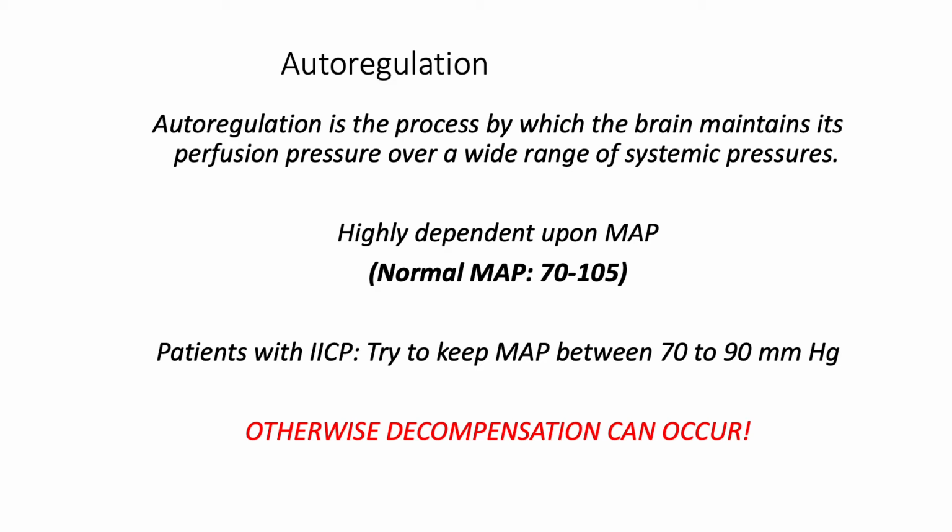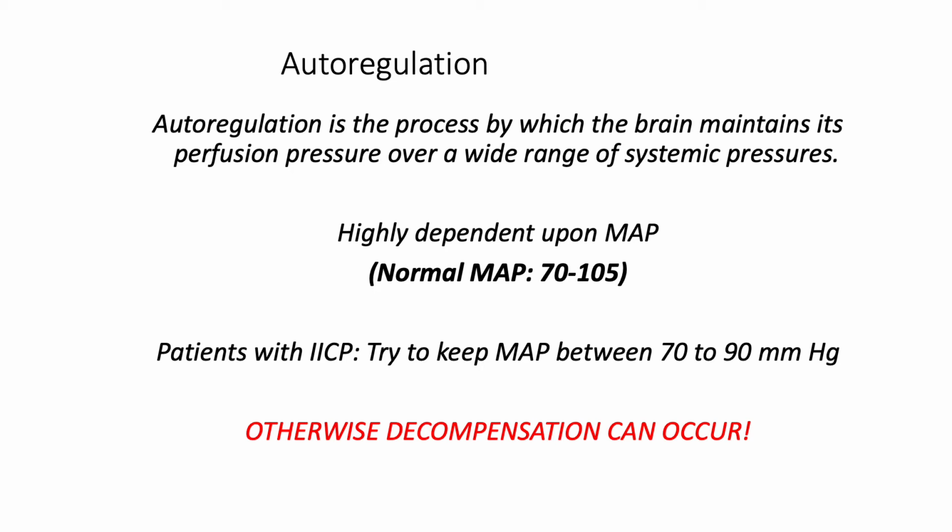So if our MAP is on the low end, autoregulation may cause cerebral artery dilation. So that will facilitate blood flow to the brain. And if the MAP is really high, these cerebral arteries may constrict a little bit more to reduce the impact of that higher pressure and reduce blood flow to the brain. So ideally, we want to keep the MAP between 70 and 90.